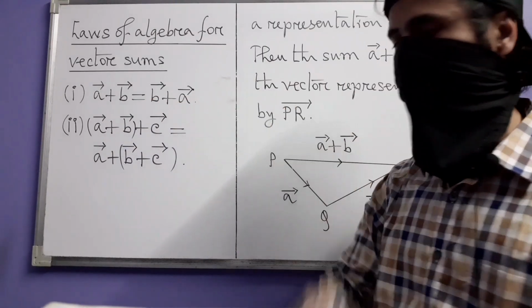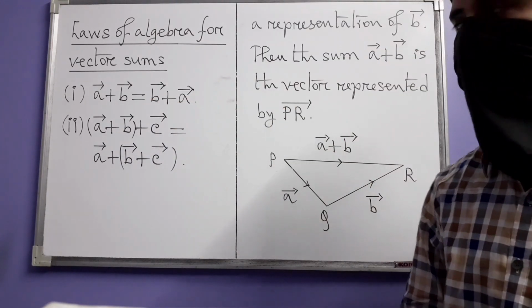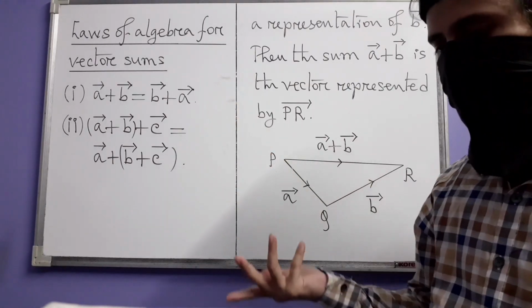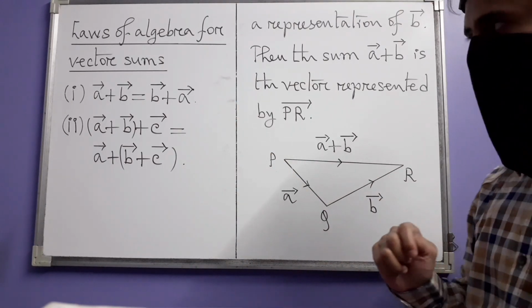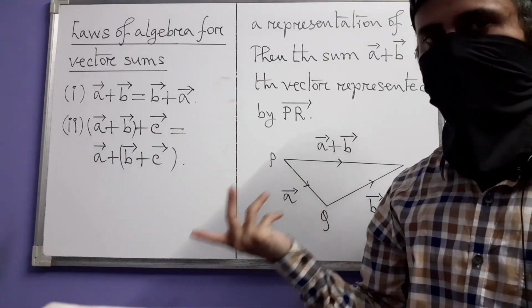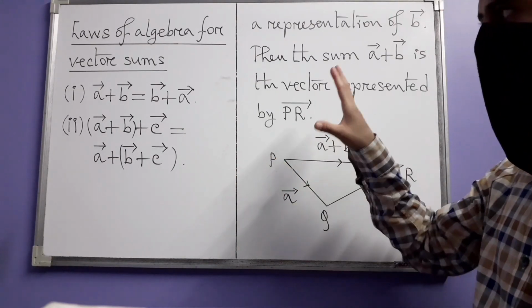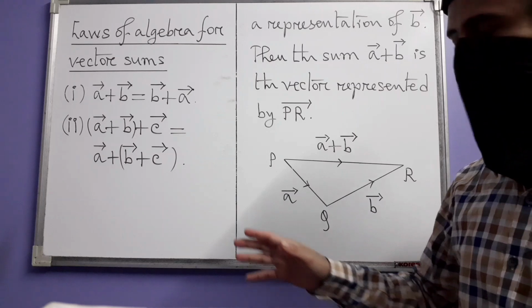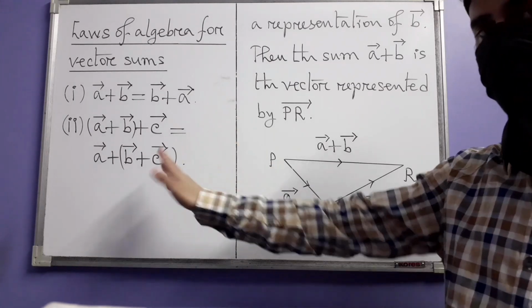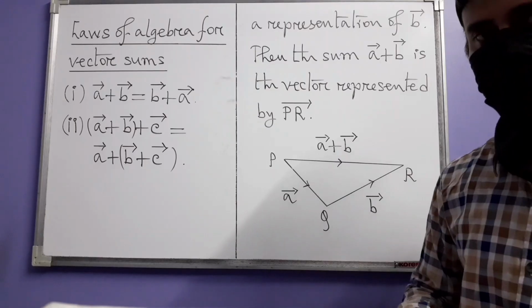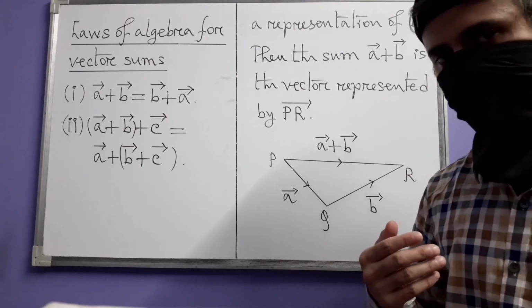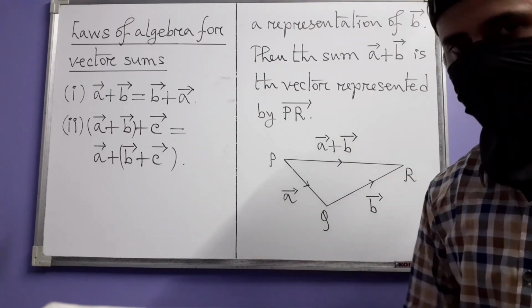A plus B is equal to B plus A. And a proof of this law, you can do it yourself using just the definition, or you can find it in any book on vector algebra. Actually, we are not really going to see all the proofs in this part. It's in the vector calculus part that we are going to be really very thorough and prove everything.